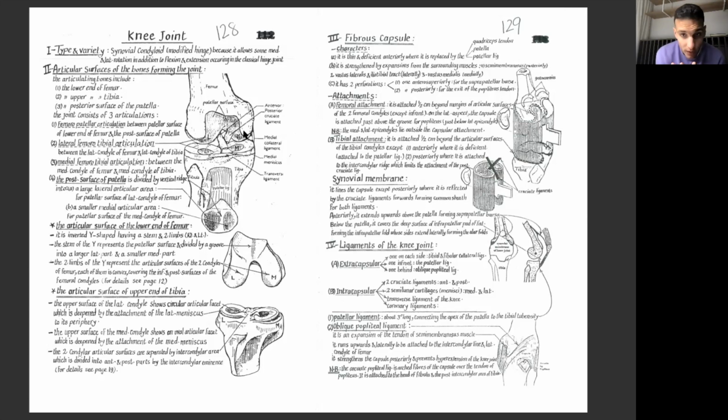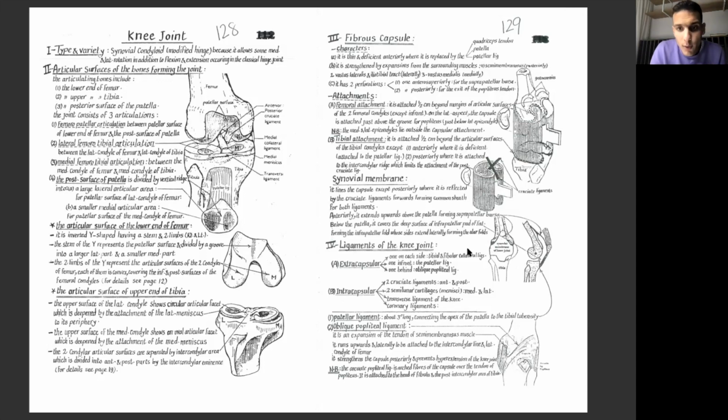The ligaments that keep the joint in place are the extracapsular ones first, on the outside. One on each side: the tibial and fibular collateral ligaments. They extend from the femur, one to the fibula and one to the tibia, on the sides of your knee.